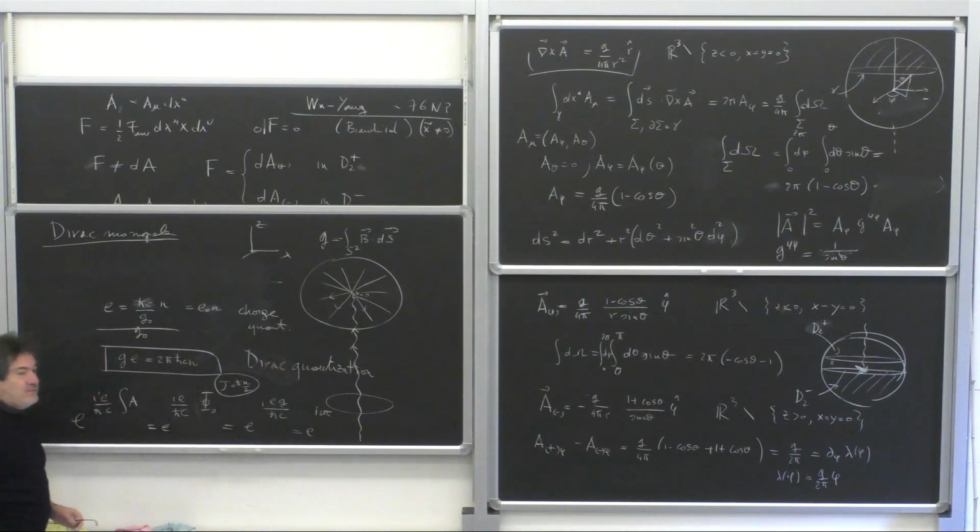So why is charge quantized? Nobody knows. But if there is a monopole somewhere in the universe, you can send an electron to make a tour around it, and for consistency, then it has to be quantized. Okay?